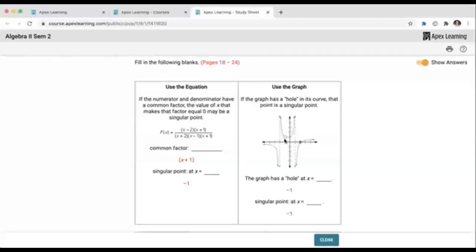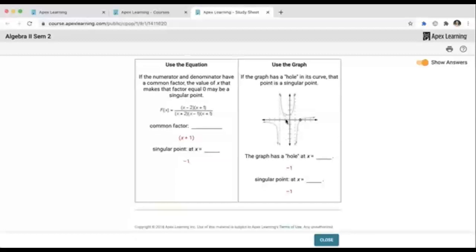So that's where we draw our hole, because if we plugged in -1 for our x value, we would end up with 0/0. But since it's at a place where we have a vertical asymptote and a normal 0, we draw it as a hole where the graph would continue if that was possible.